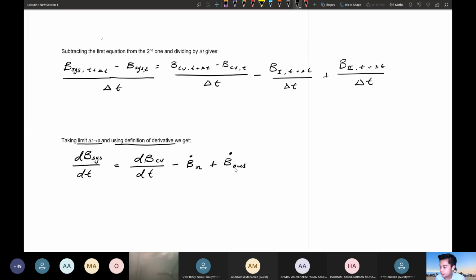This is the rate change of B. So here is the Reynolds transport theorem, we call it RTT.